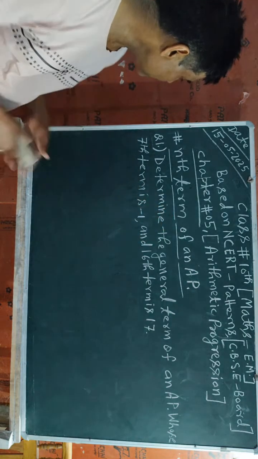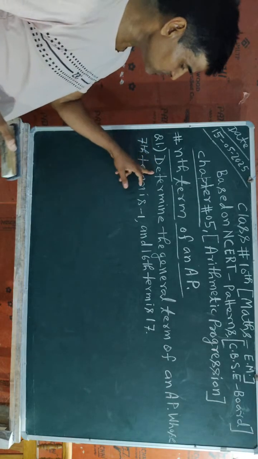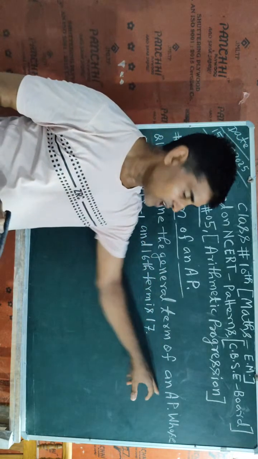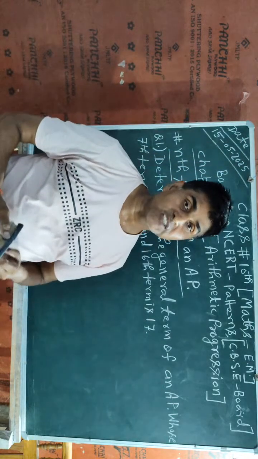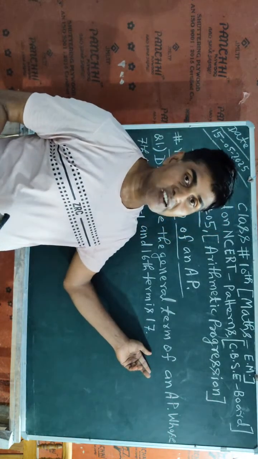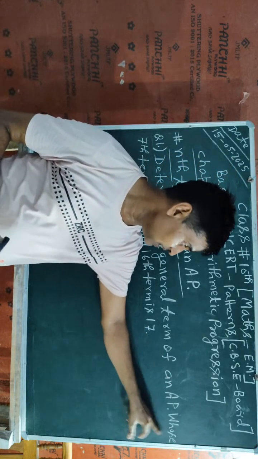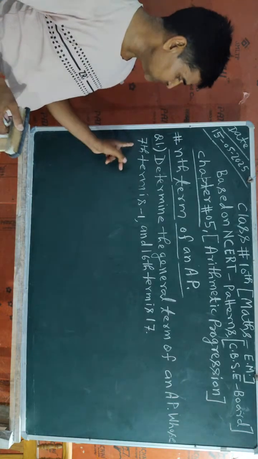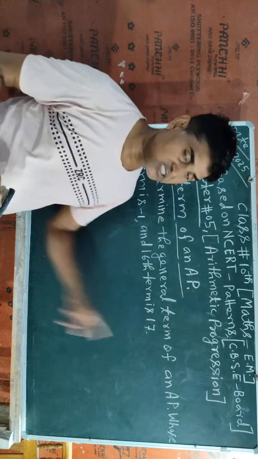First of all I am going to read the written question. It says: determine the general term of an arithmetic progression whose seventh term is -1 and whose 16th term is 17.